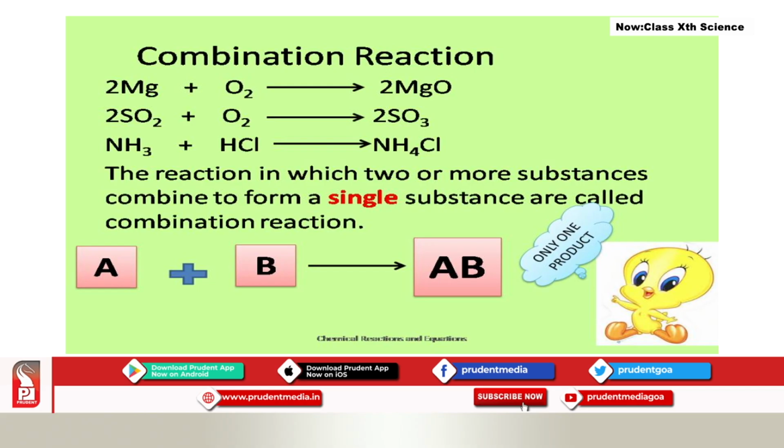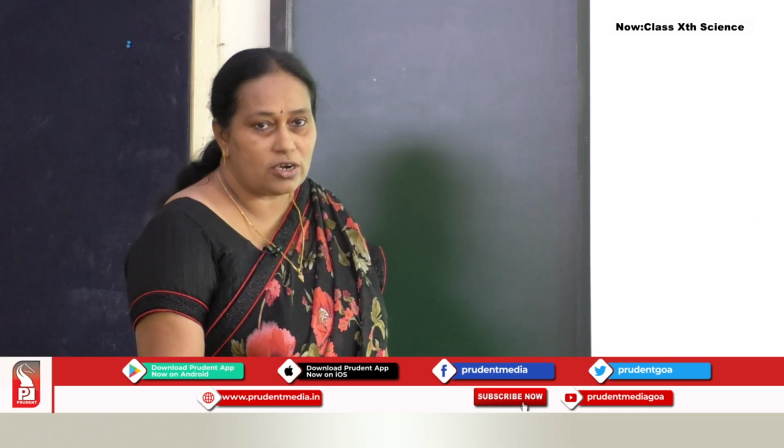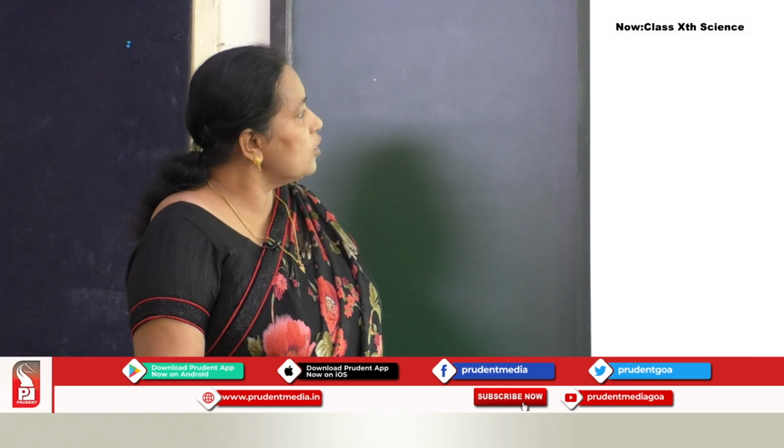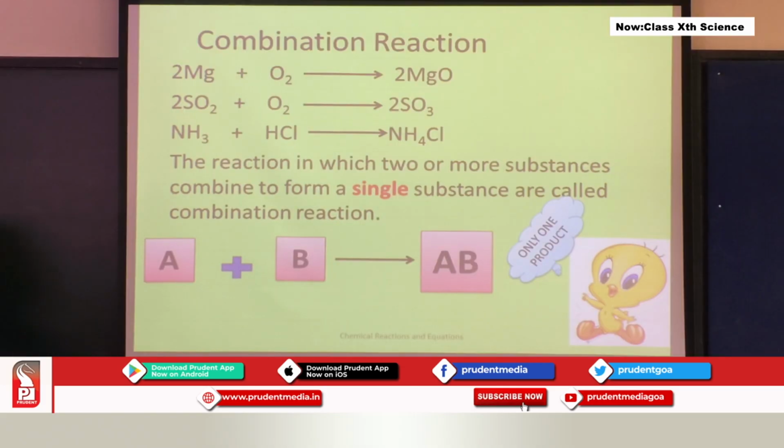Yes, all these 3 chemical equations have only one product. If you look at the right hand side, the product, there is only one product in all these 3 chemical equations, whereas the reactants, there are 2 reactants.